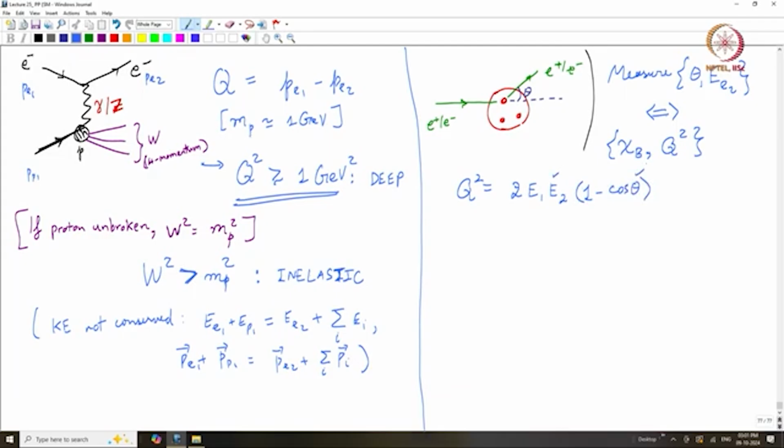So I have just rewritten it, and the xb is q squared over 2, the dot product, a 4 momentum dot product actually of the proton 4 momentum dot q, which again is E1 E2 1 minus cos theta, that is just in the numerator, the 2 goes away, and then I have MP times E1 minus E2.